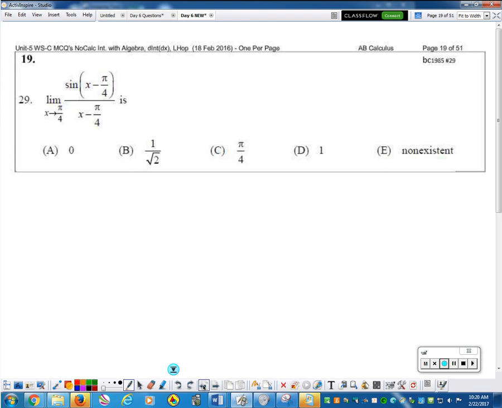Okay, it's a limit problem, and today we're going to learn a new tool for solving limit problems.